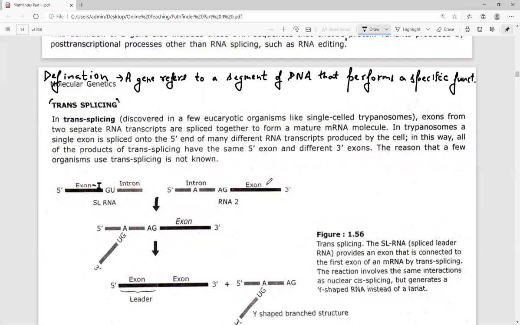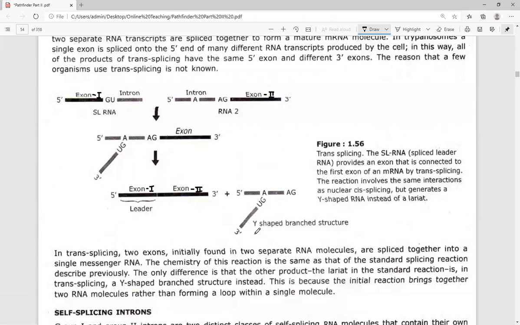This is exon 1, this is exon 2. They have been joined with regard to each other, and the intronic sequences which are present have been removed. This is the intron that has been removed.